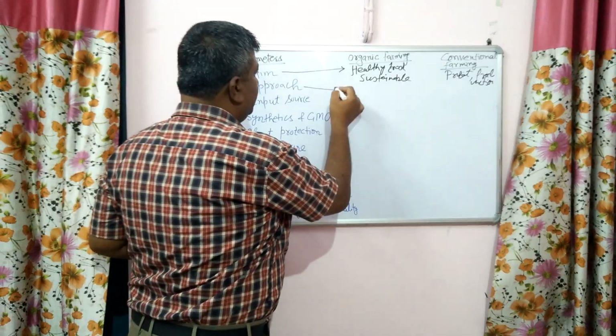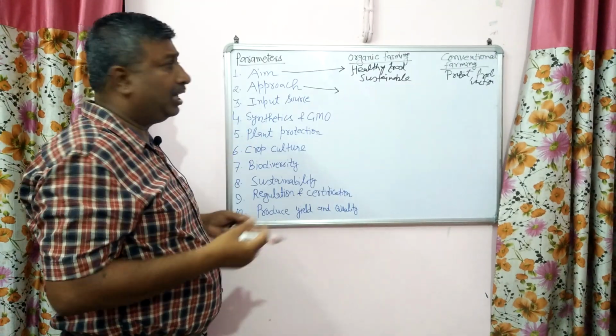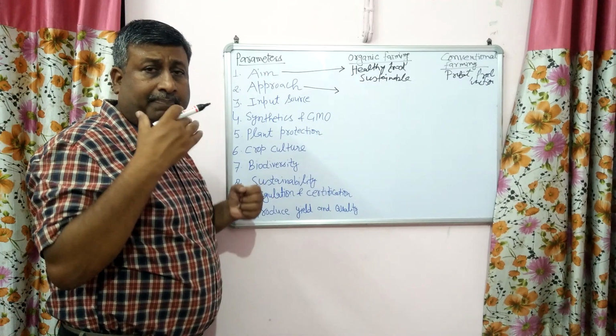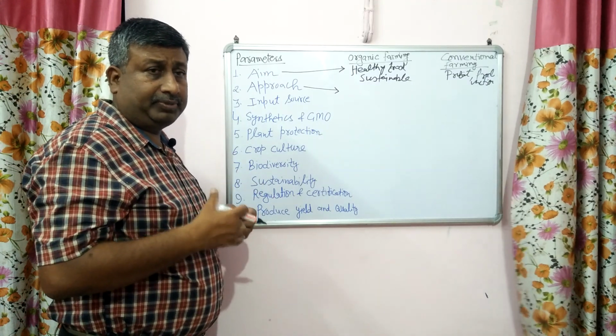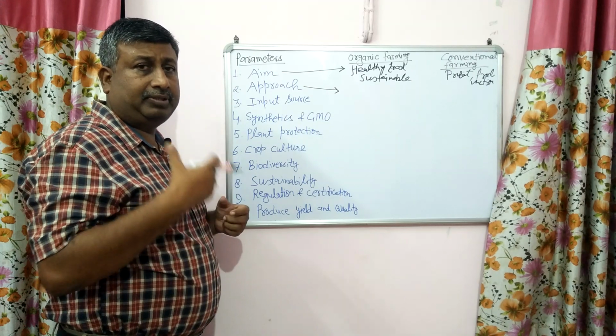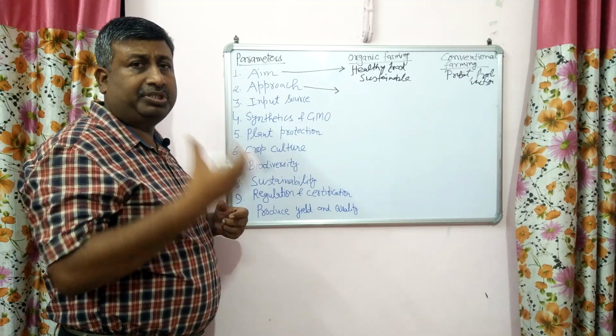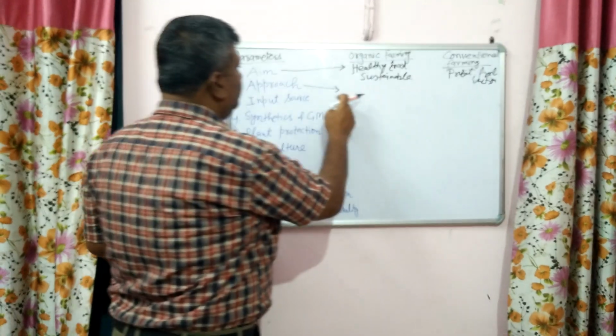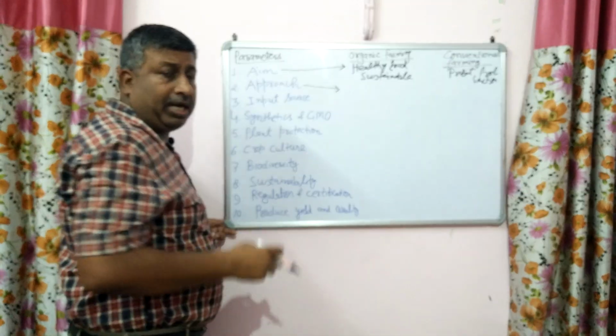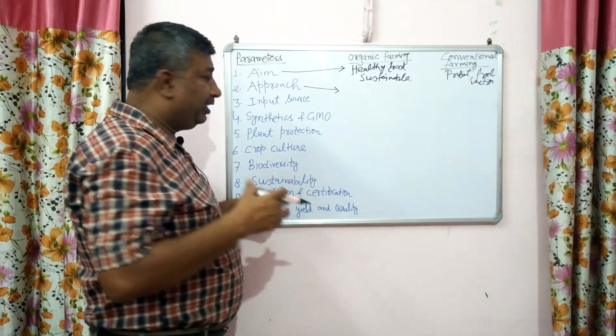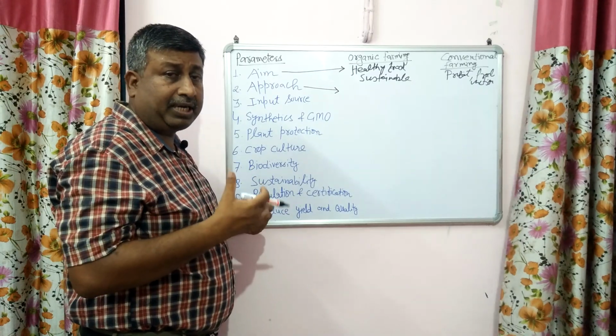Now the aim is different, that's why the approaches are different. Different types of approach are adopted. Here we think that the ecosystem is one, the whole system is one. So that's why the approach is a holistic approach, and that's why we consider some concepts and some principles.